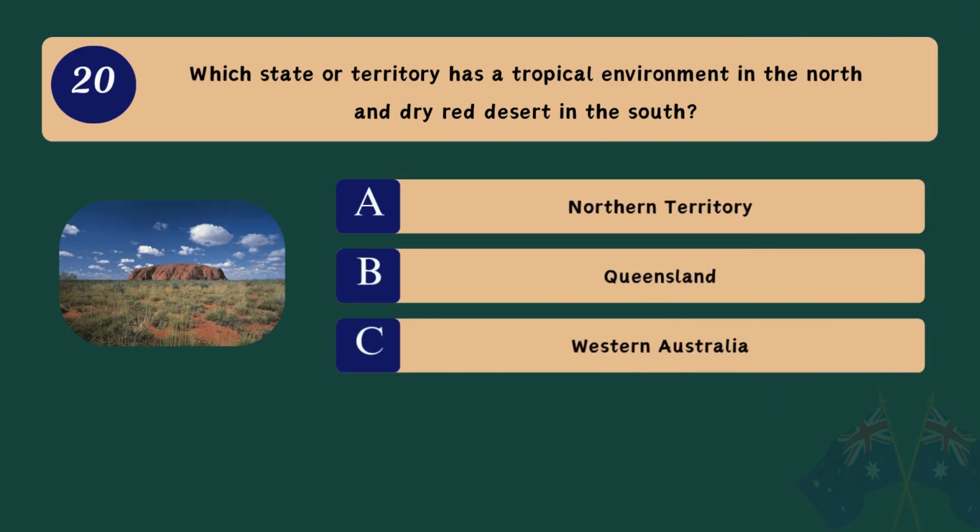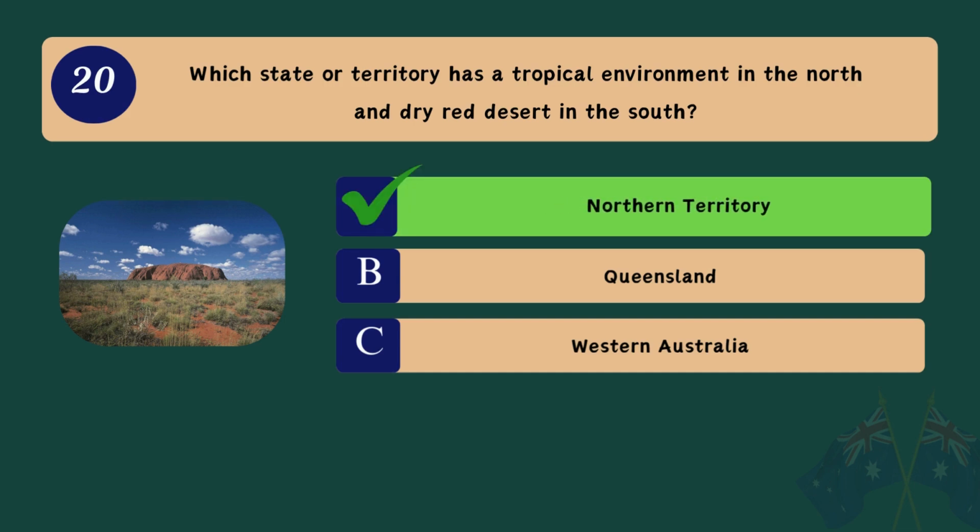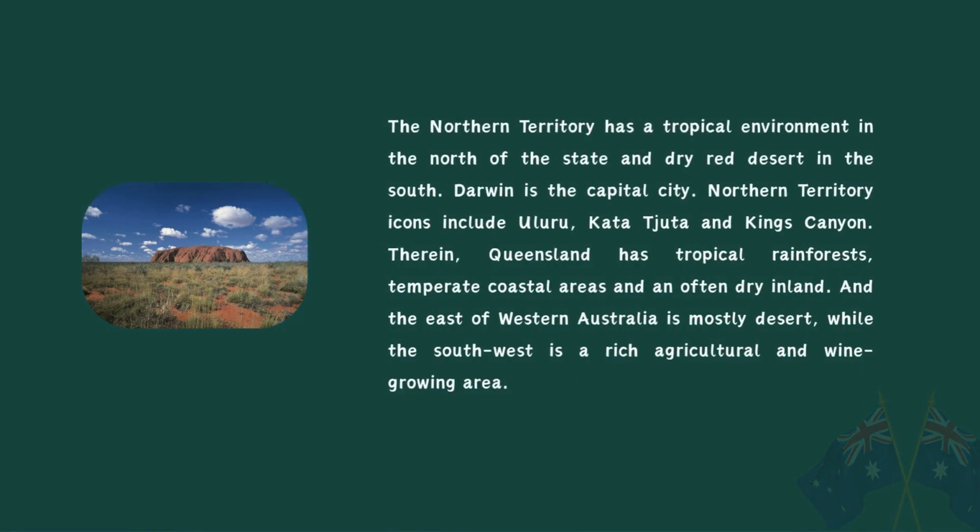Question 20. Which state or territory has a tropical environment in the north and dry red desert in the south? A. Northern Territory, B. Queensland, C. Western Australia. Correct answer A. Northern Territory. The Northern Territory has a tropical environment in the north and dry red desert in the south.